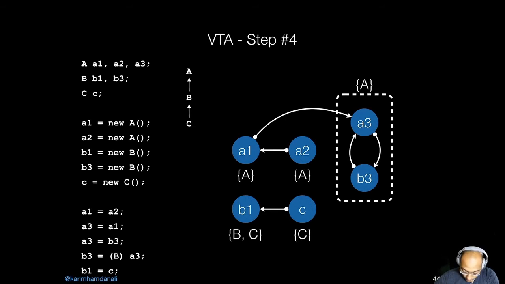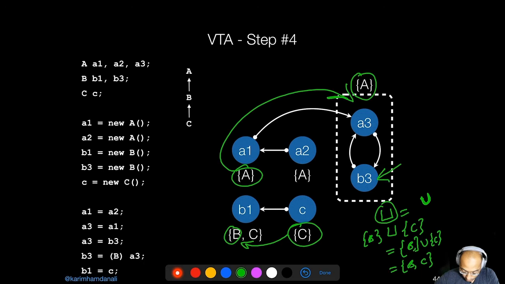You mean this one here? This one? It doesn't matter what A3 or B3 has, because the analysis is going to treat the strongly connected component as one node. So even if you assign B here to B3 in the previous step, this doesn't matter anymore, because now I only see one node, which is A3 and B3 together.